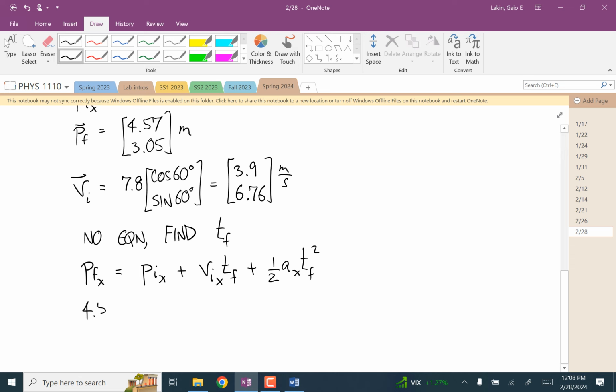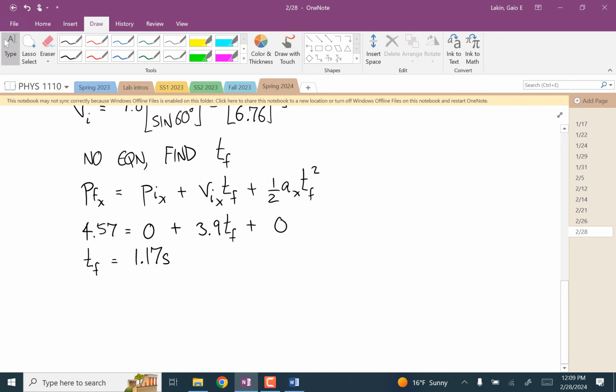This says 4.57 is equal to 0 plus 3.9 TF plus, what's the x component of the acceleration? 0. Yep, so this all goes away. Divide both sides by 3.9, and you get that time final is 1.17 seconds.